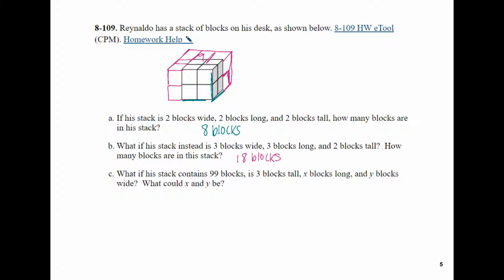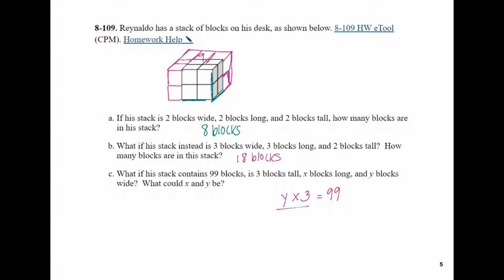What if his stack contained 99 blocks, is 3 blocks tall, X blocks long, and Y blocks wide? What could X and Y be? Well, if I have 99 blocks total, and I have 3 blocks tall, I would need to multiply my blocks long by my blocks wide.